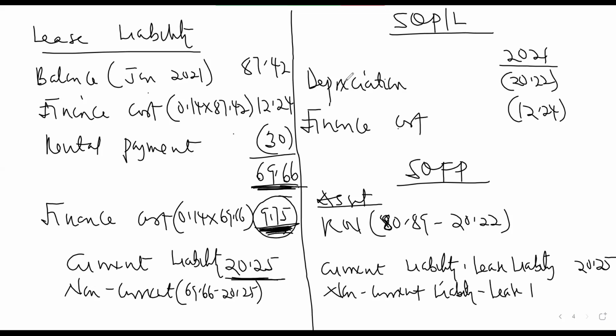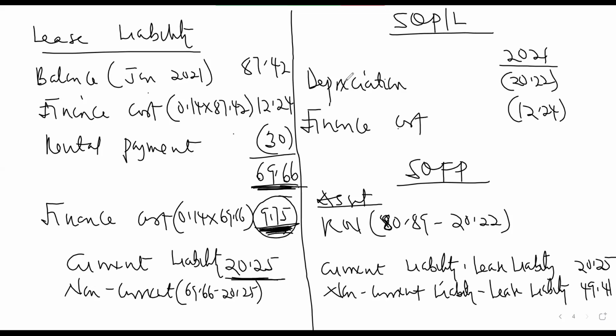That will be the difference between 69.66 minus 20.25, which is 49.41. Okay.